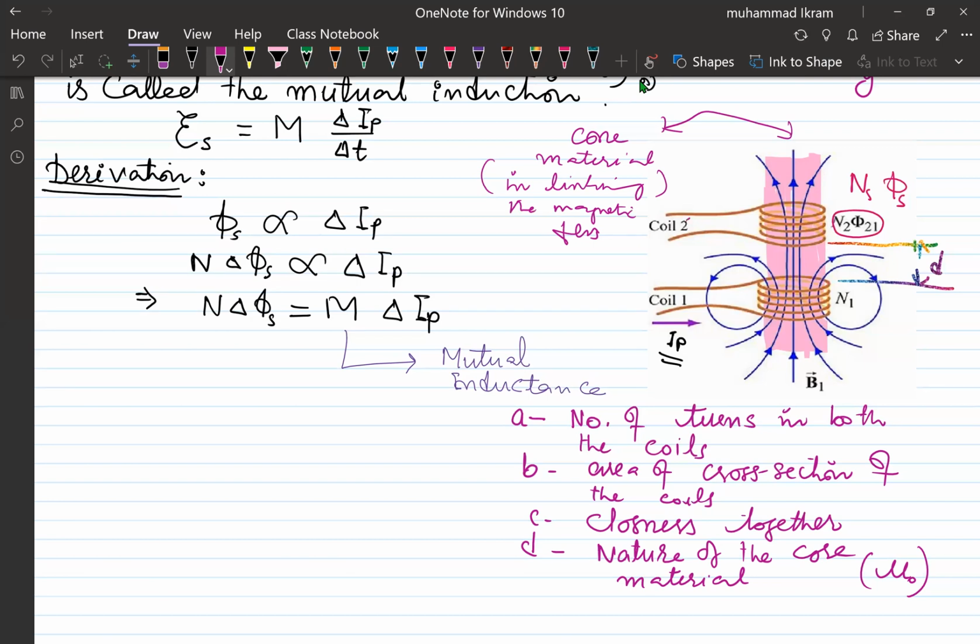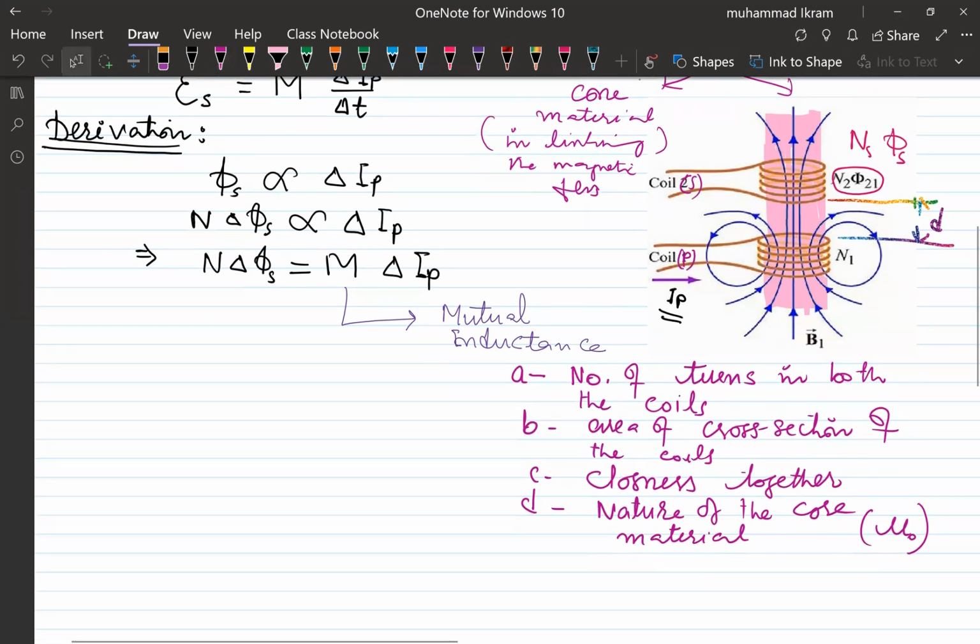So it depends on the nature of the core material also. Soft iron core is the best for this purpose, right? That is best in linking the magnetic flux. So here I will label this as my equation number 1.